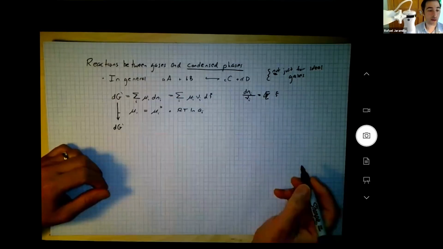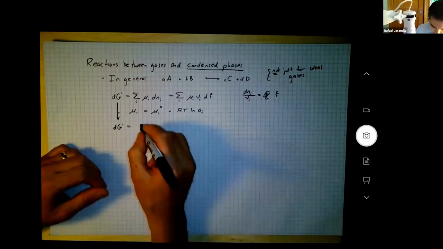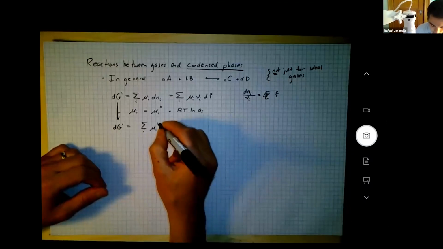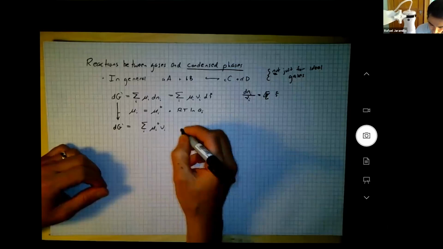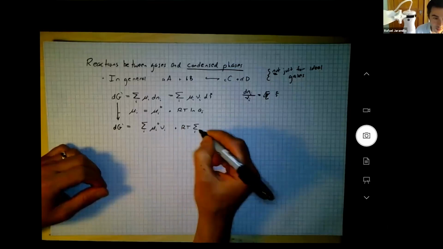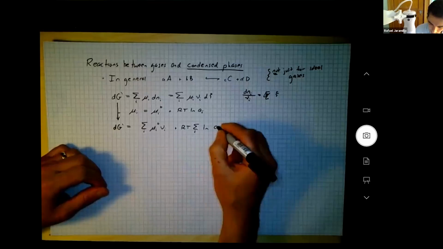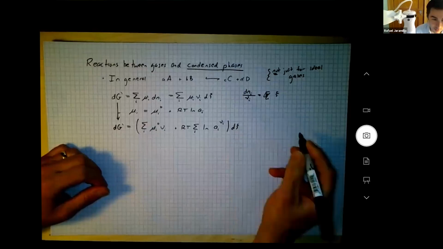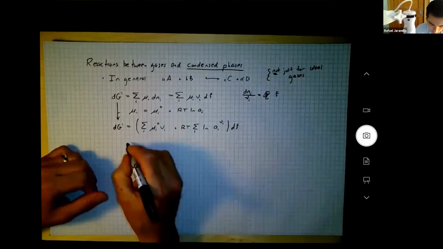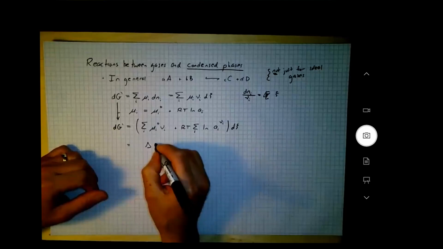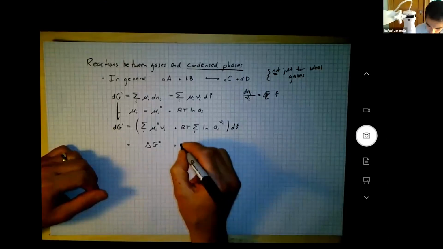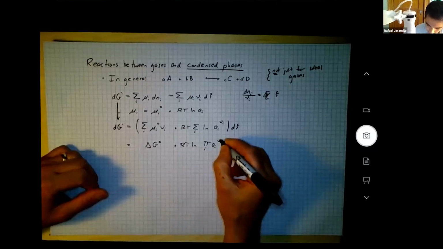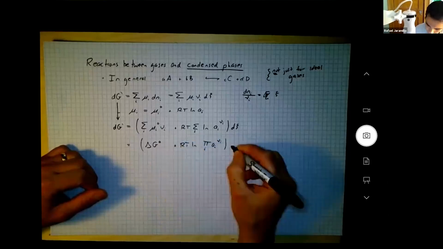We take that expression and we write dG equals the sum of mu_i naught nu_i plus RT log a_i to the power nu_i, all times d xi. And this is delta G naught plus RT log the product of a_i to the nu_i, again the whole thing times d xi.